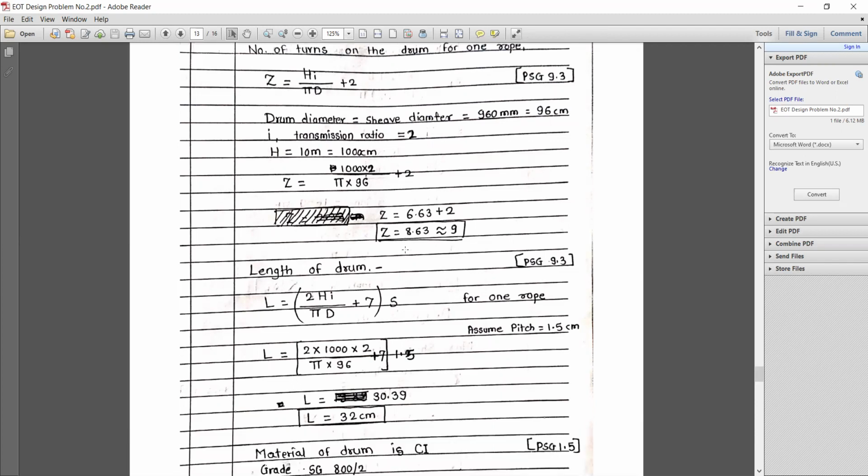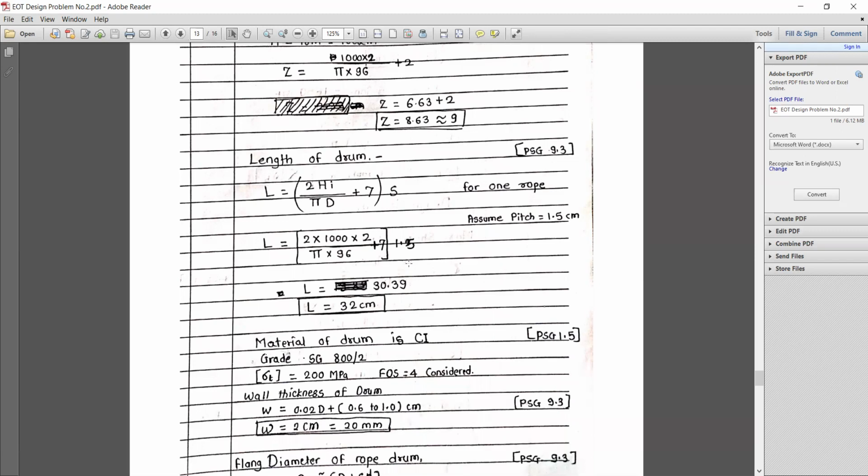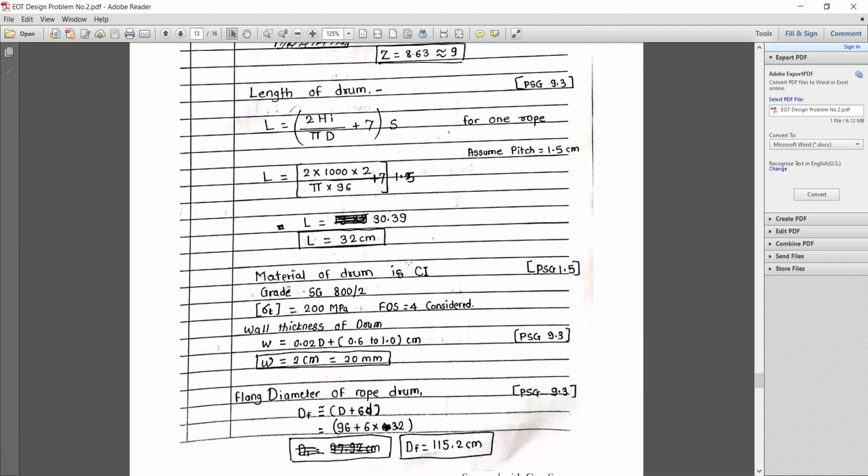So maximum 10 rotations of the drum can occur while lifting the total load for 10 meter. Now next, length of the drum, L is equal to 2Hi divided by pi D plus 7 into s. Sorry, s is the pitch.